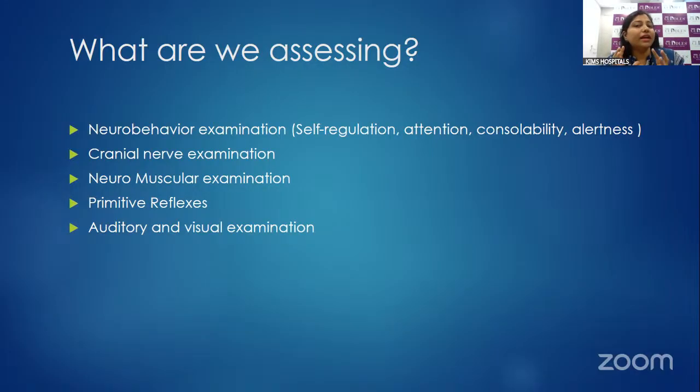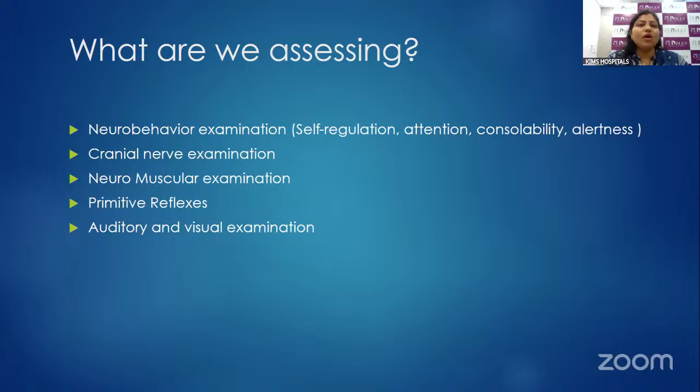Then there will be a cranial nerve examination. We all know we have 12 cranial nerves, and there are certain ways to examine all of them. Then there will be neuromuscular examination, some primitive reflexes, and some auditory and visual examination.